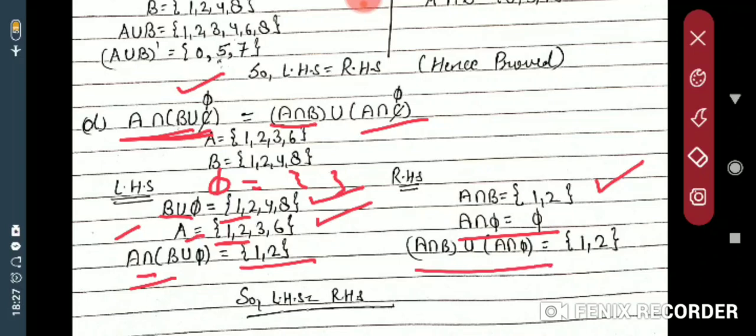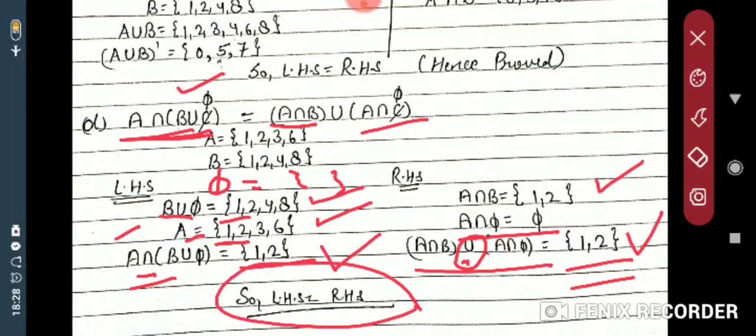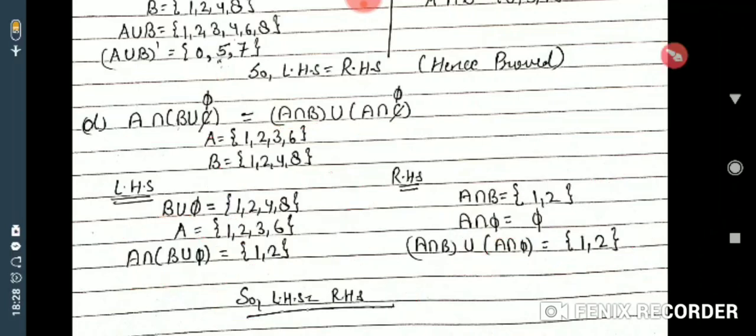So now what you have to find out here? Union. Union means all the elements of A intersection B and A intersection empty set. So what are the elements? 1 and 2. So here also we got 1 and 2. So LHS equals RHS. Understood or not?